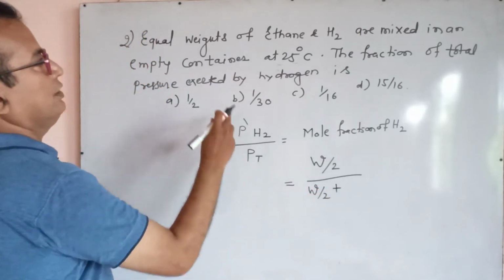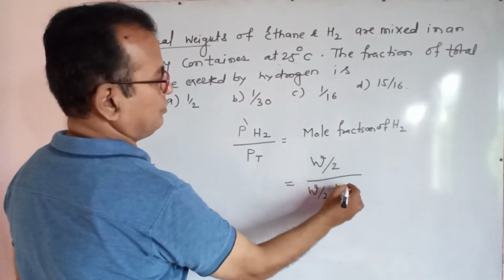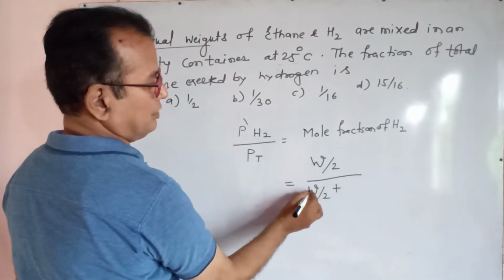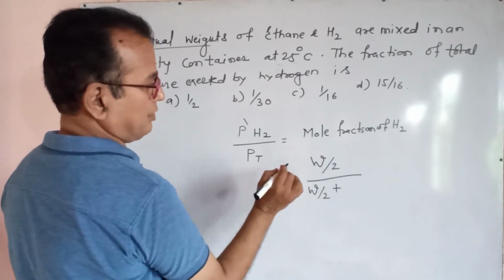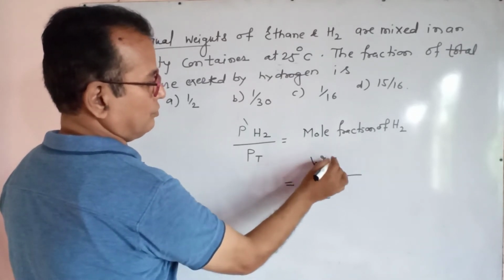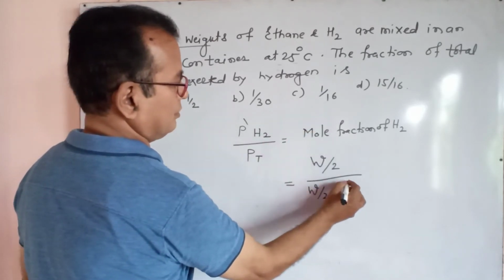With equal weights of ethane and hydrogen, W is the mass of hydrogen. So the mole fraction is the moles of hydrogen divided by moles of hydrogen plus moles of ethane.